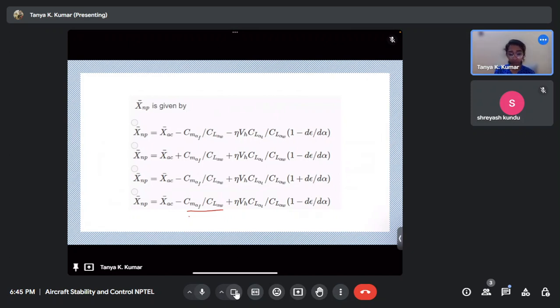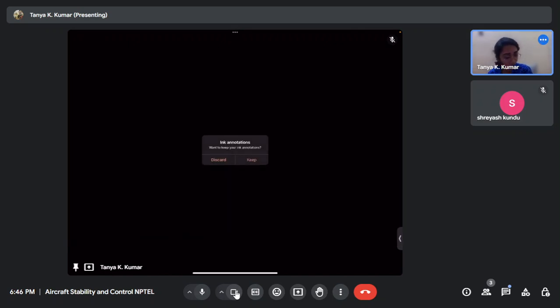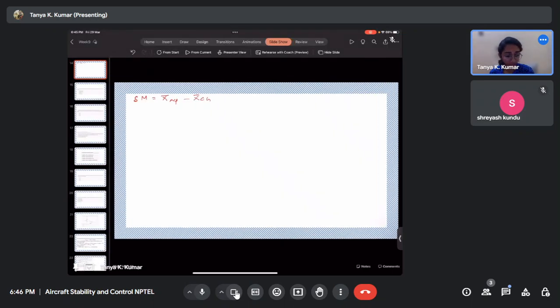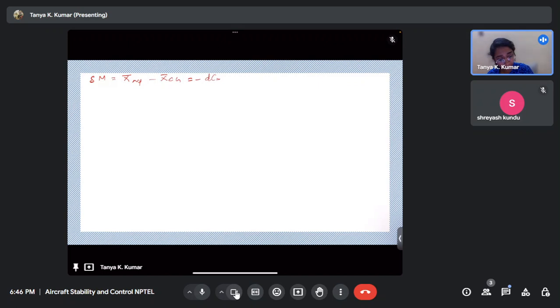So one thing you can use to remember this: static margin is x bar np minus x bar cg. Static margin is also minus dCm upon dCl. So you get minus dCm by dCl.